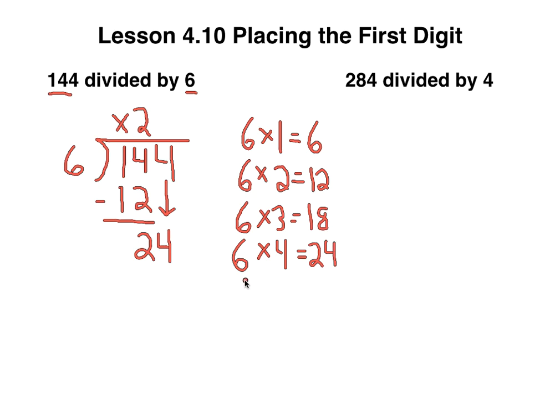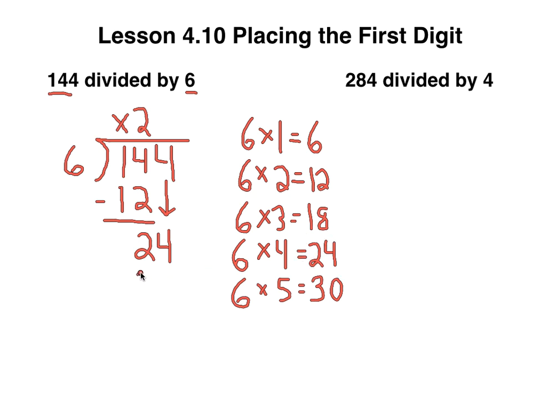Yes. And 6 times 5 is 30. Now, let's look at all our multiples again. Looking at our 24. What number here is either 24 or really close to 24 without going over? Well, if I look, I see it's got 24 there.